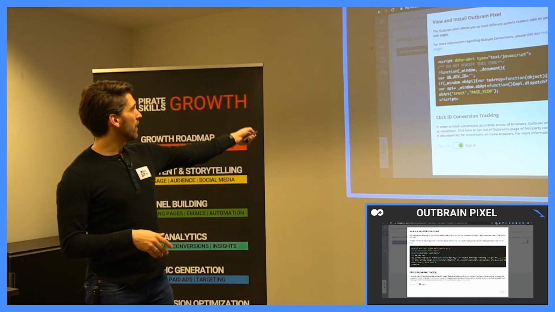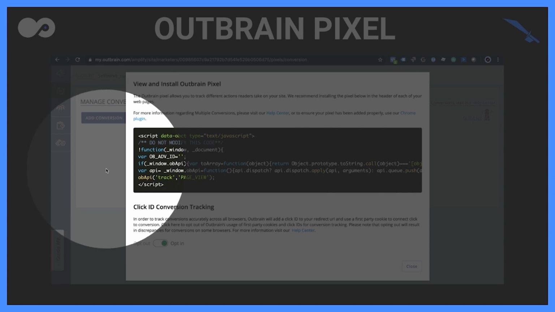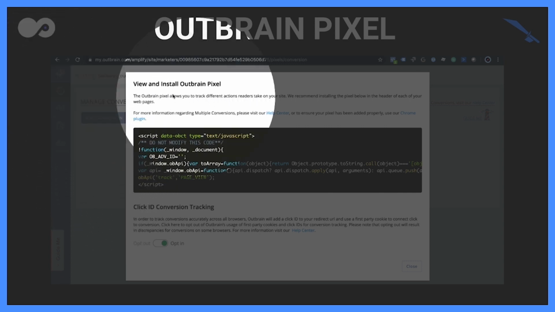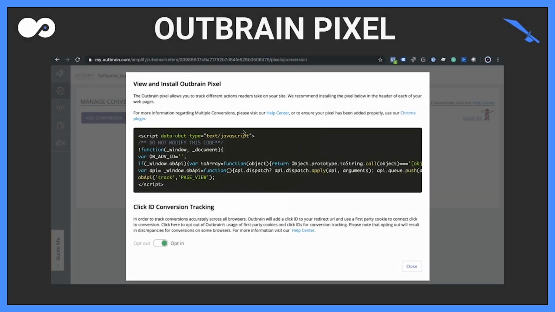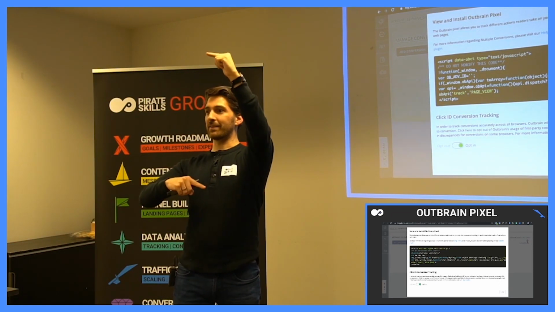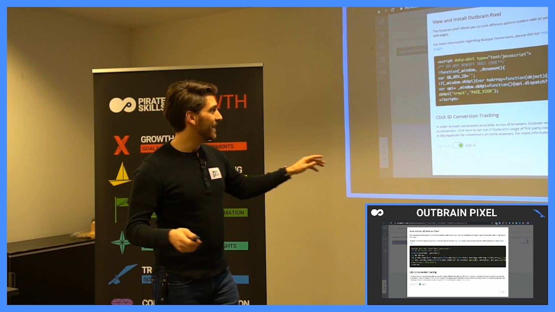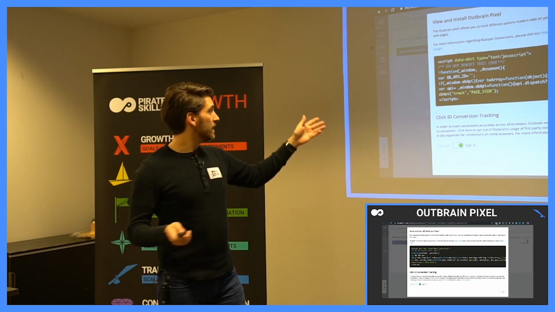From the menu bar on the left-hand side, this beautiful code segment symbol from Outbrain is what leads you to this Outbrain pixel overview. Just copy-paste a long piece of code. This is just part of it that you can see here. I guess they didn't want to scare people. Reasonable thing to do.